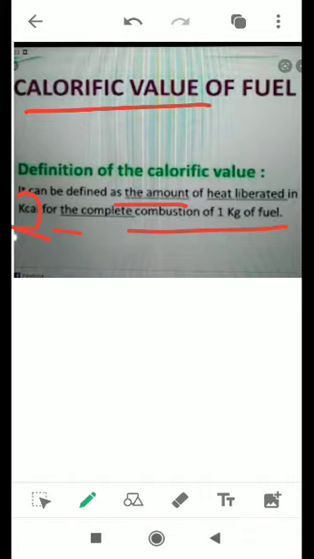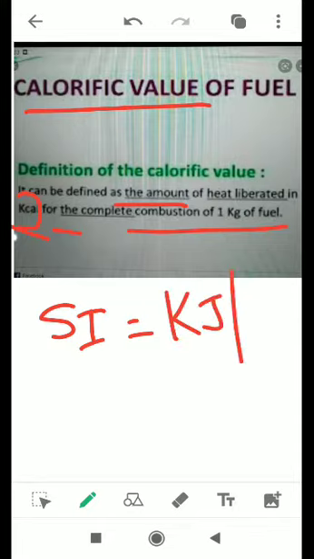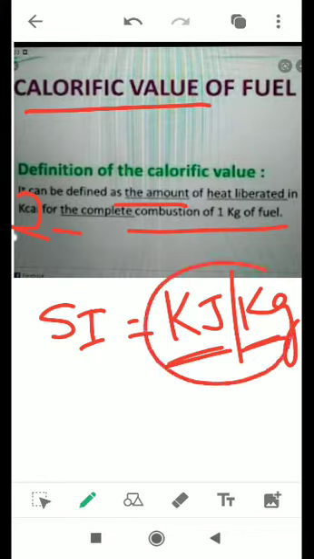In your book also, a table is given of the calorific value of the different fuels. Its SI unit is kilojoules per kg. Kilojoules is the unit of energy and kg is the amount of fuel used.